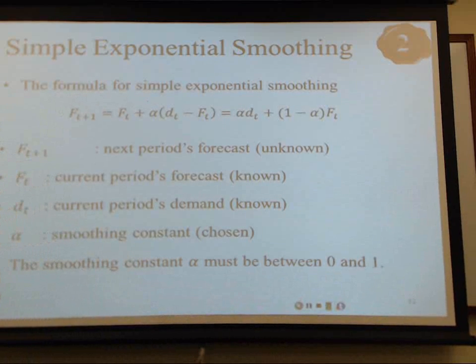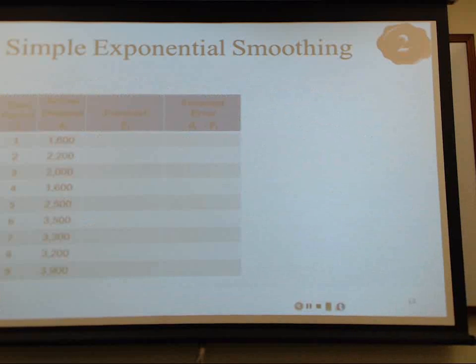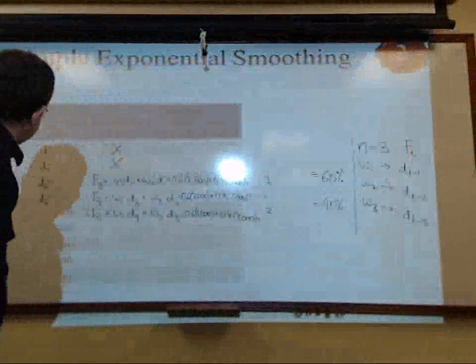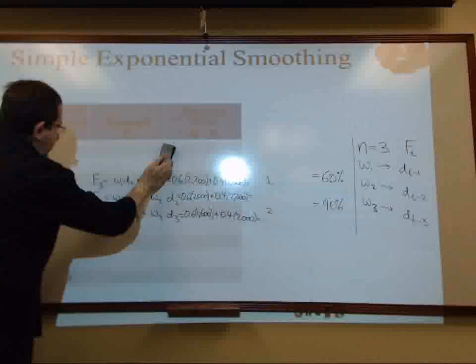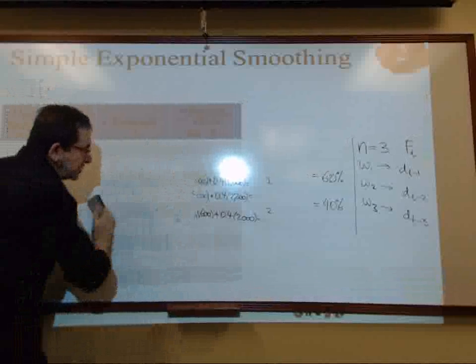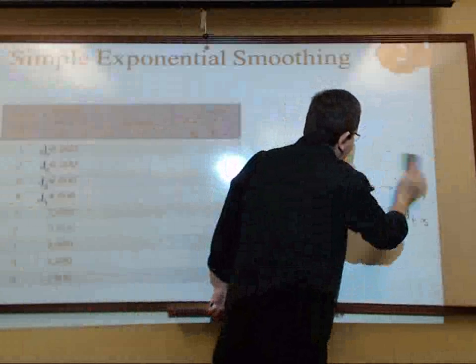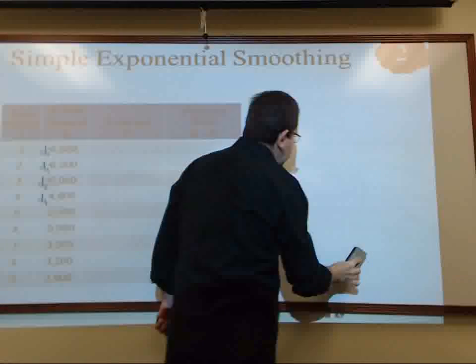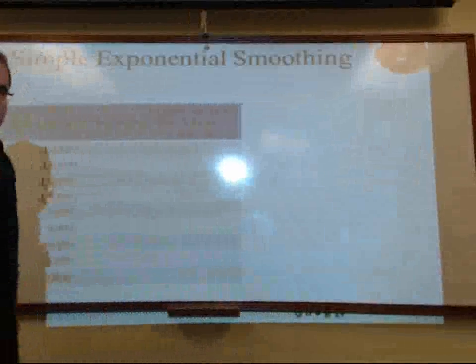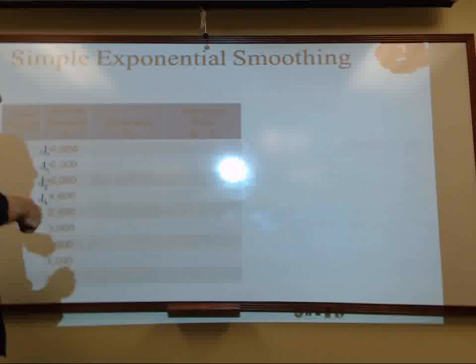So how does this work? Let me show you with an example. Let's suppose this is our time series. For exponential smoothing, you need two pieces of information to begin.